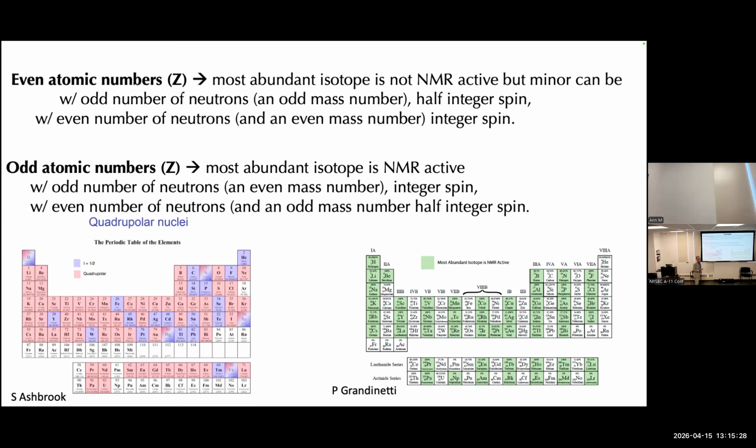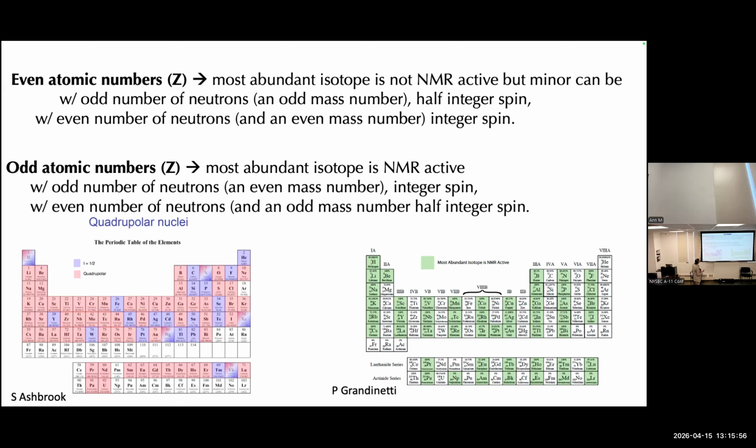So we learn phenomenological rules which have nothing to do with the shell theory. It's just stuff NMR people say to each other. For even atomic numbers, Z, the most abundant isotope isn't NMR active. This is a pattern that works throughout the periodic table. A minor one might be, if it has an odd number of neutrons, an odd mass number, it will have half-integer spin.